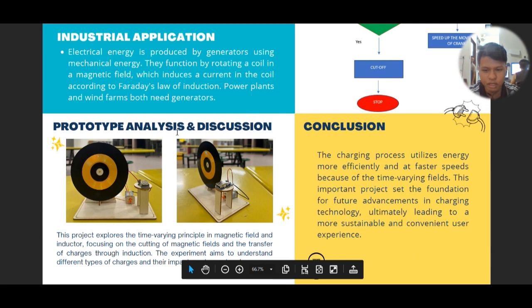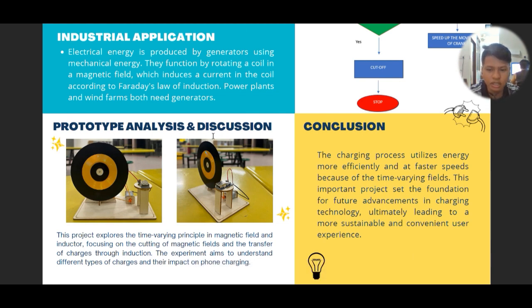So this is our prototype and discussion. So this is our project figure. This is the crank that will be used to move the gear of the DC motor here. It is connected by using a harder rubber, so that it cannot break easily.